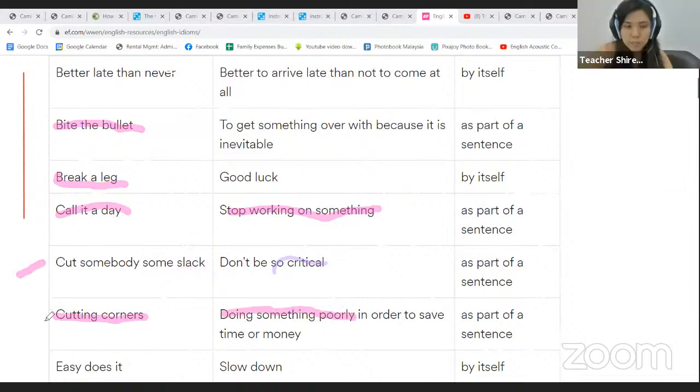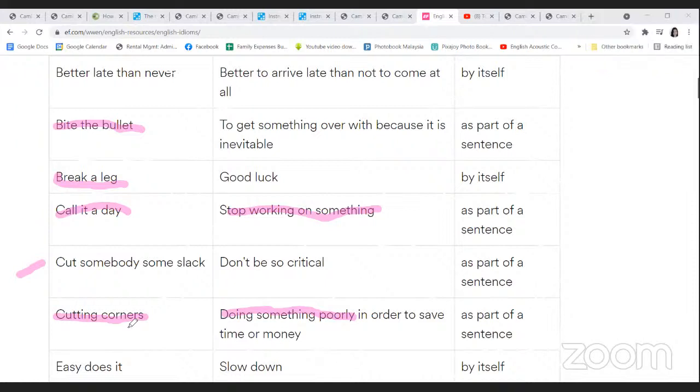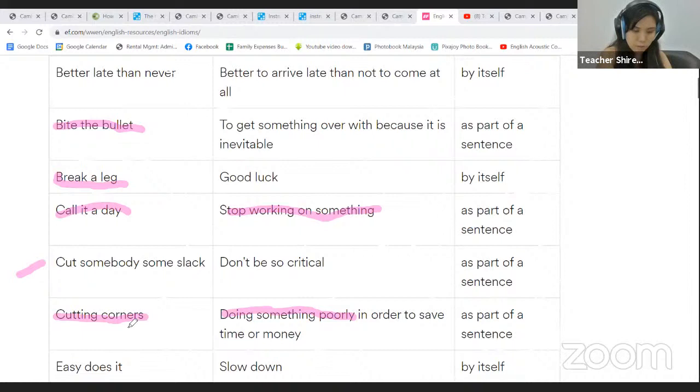And this one later, because this one is more common. Cutting corners? Cutting corner. Okay, read.